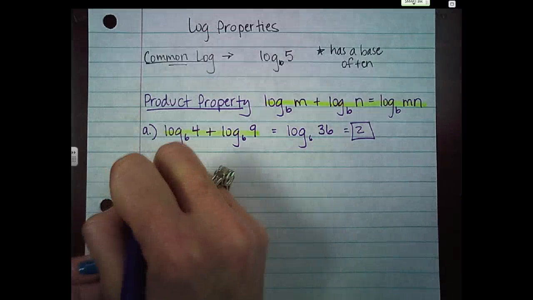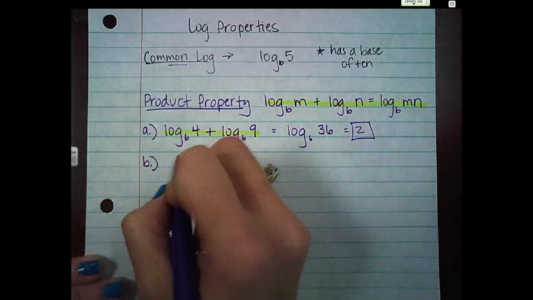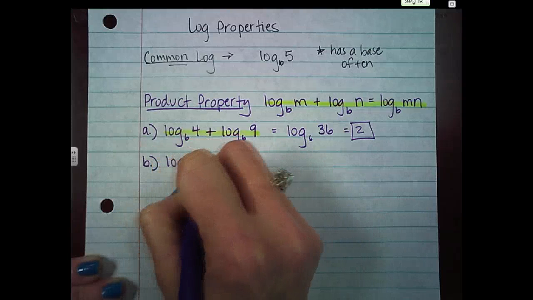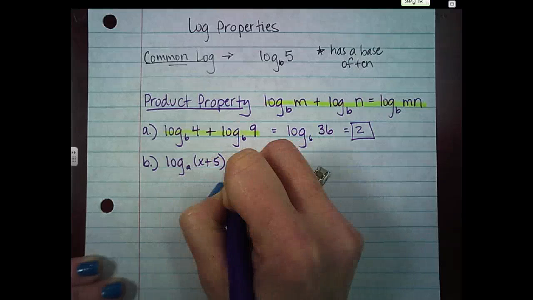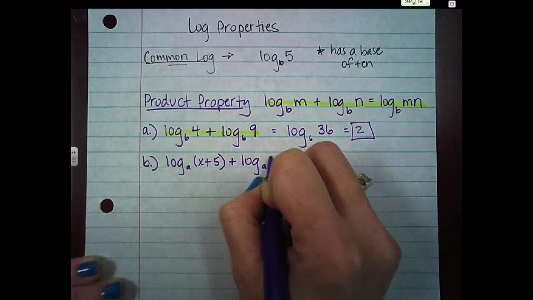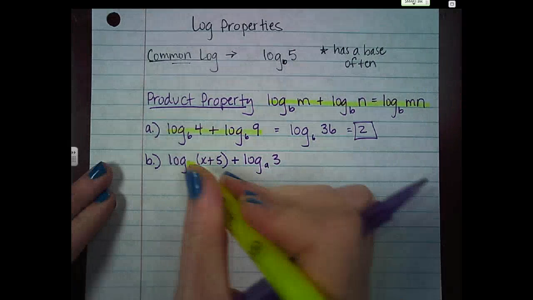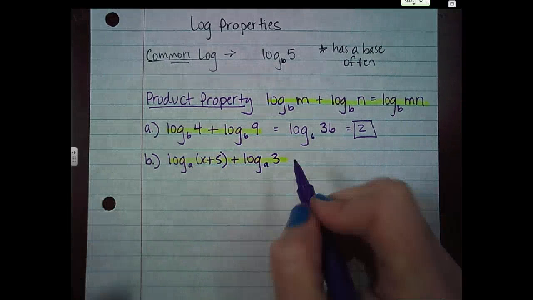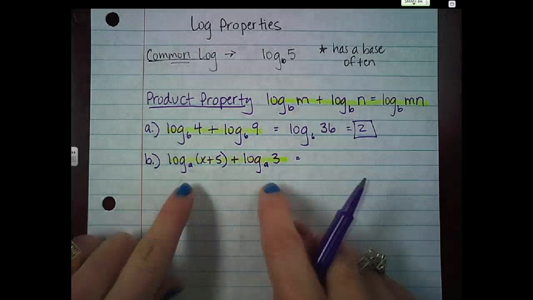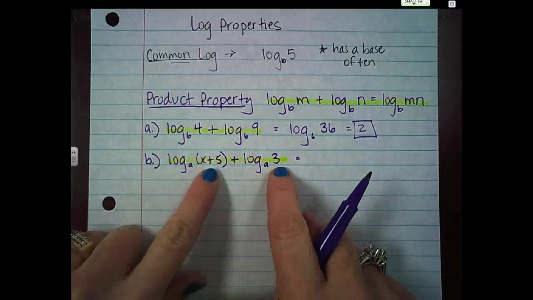Let's try B. This one's a little messier: log base A of x plus 5 plus log base A of 3. Again, it's addition, which gives us the property of multiplication. The bases are both A, so we're just going to multiply these 2 things together.